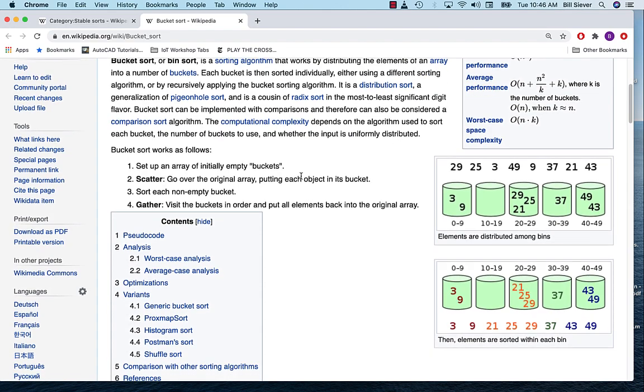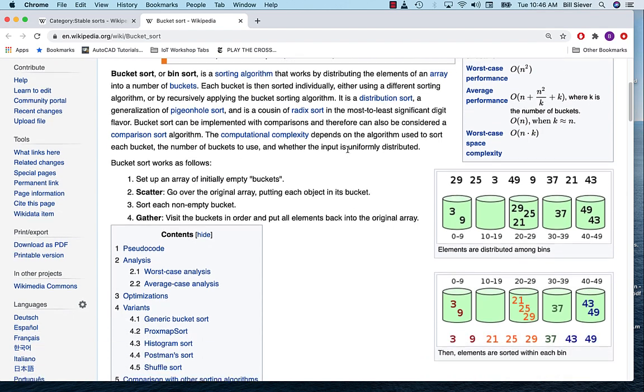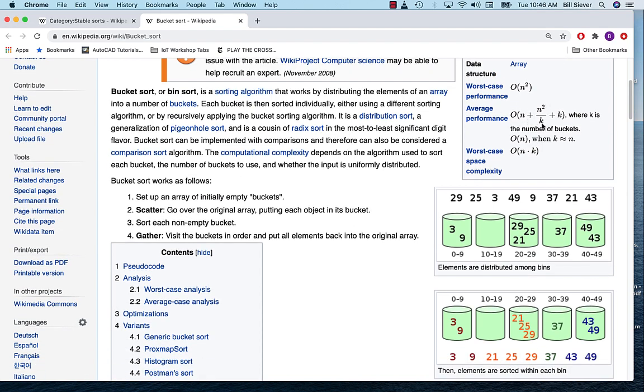So it's an interesting example to look through some of the variants here and think about the various parameters that impact the overall time complexity. So we see a little bit more complicated variation of performance here than we've seen in some prior cases. We have to consider the number of different buckets that we have available, and that will impact performance.